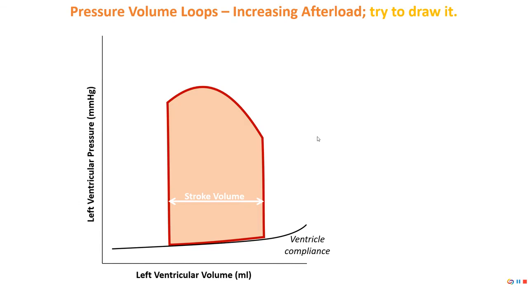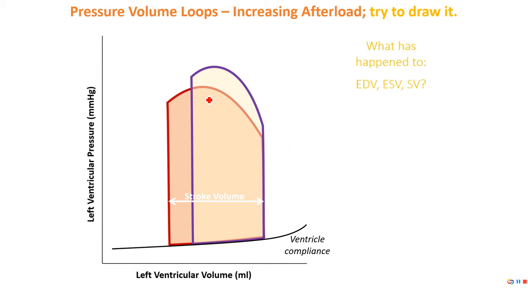Now let's go back to our loop here. I've only got one of these; I don't have a decreasing afterload, but you should be able to figure it out. If I increase afterload, am I going to change the right side or the left side? Remember, afterload is the pressure that the heart has to contract against, so it's going to affect how much blood actually gets out of the heart. We're going to shift the left side of our curve to the right when I have high afterload.